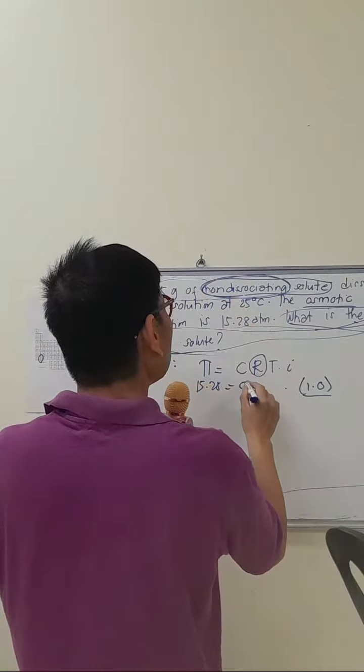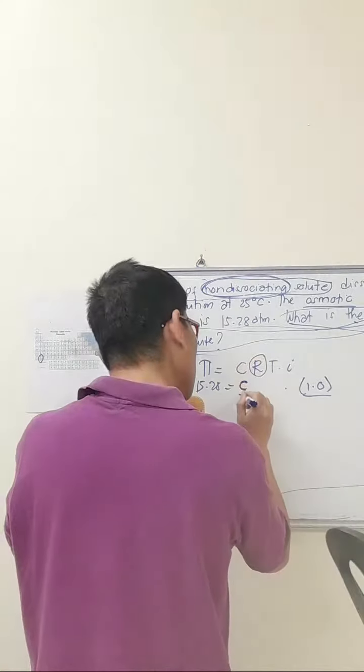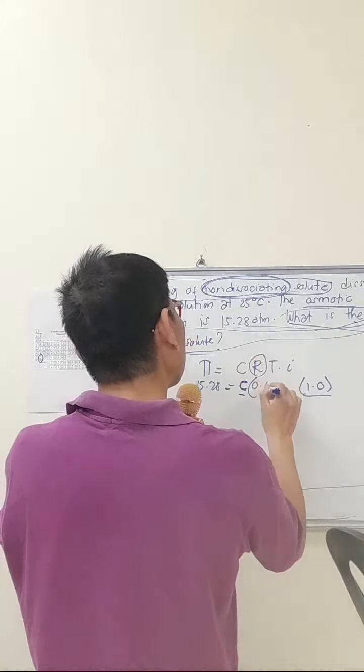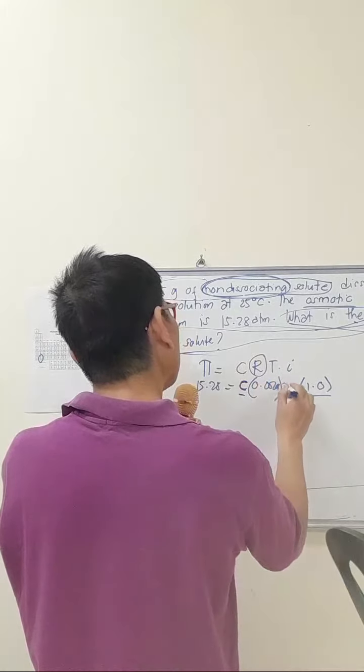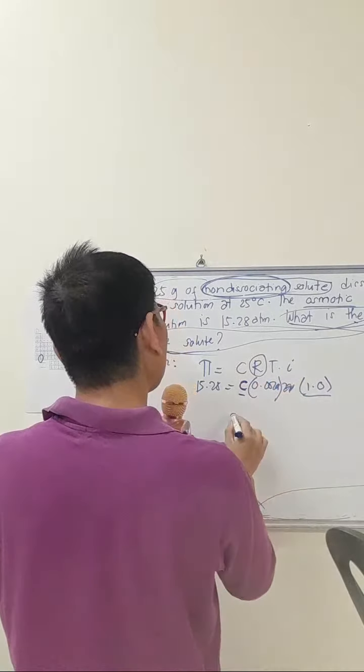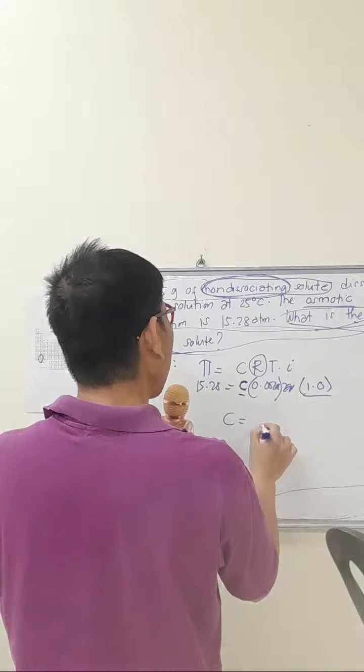So for the concentration C, with the universal gas constant 0.08206 times 298, we will solve for the concentration or molarity.